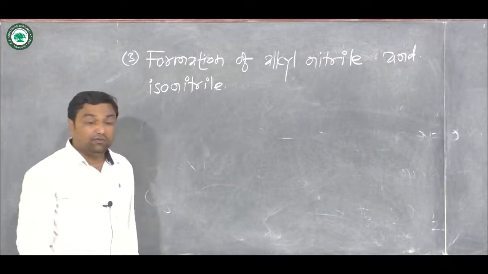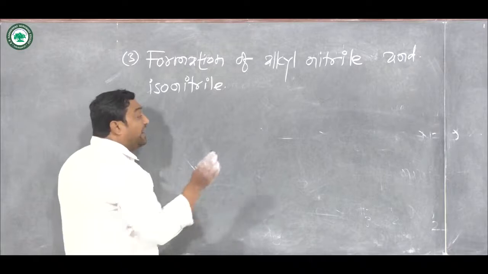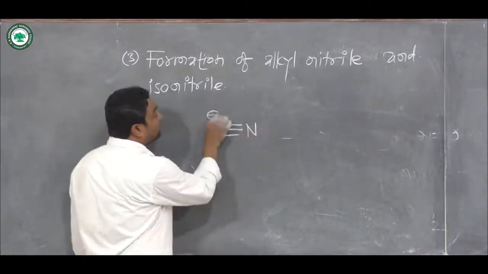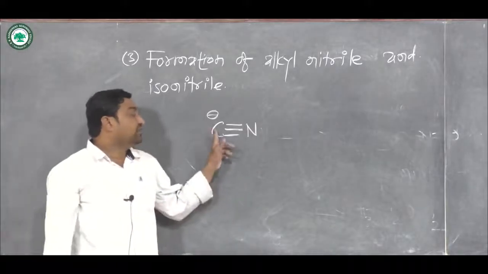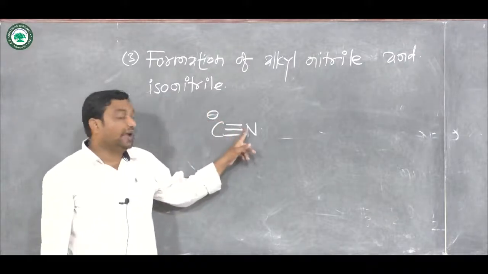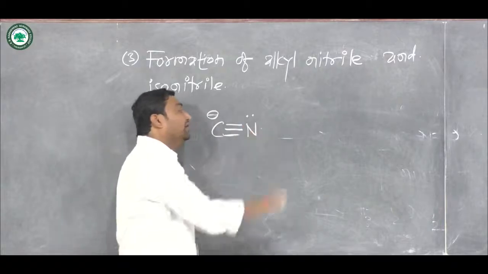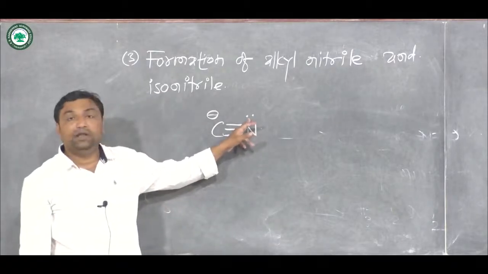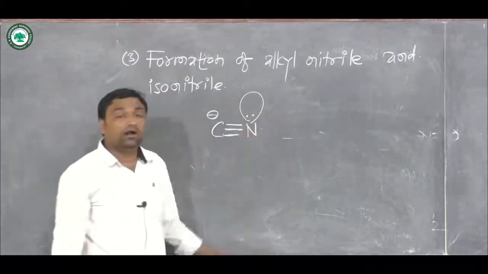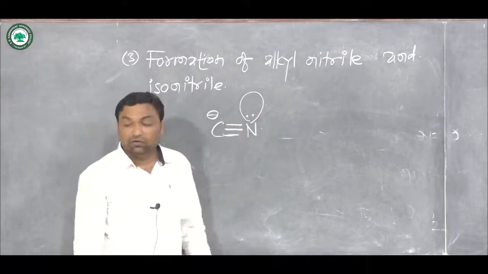In this reaction we also have another bidentate nucleophile, that is cyanide. We know that the carbon atom of cyanide carries a negative charge, and the nitrogen atom present in cyanide also has a lone pair, a pair of electrons which can be used for donation. That's why cyanide is also a bidentate nucleophile.